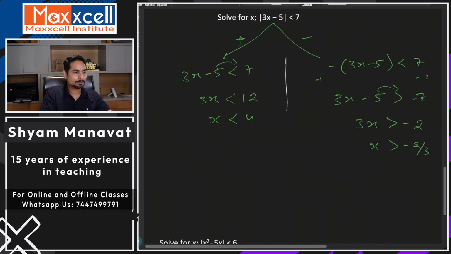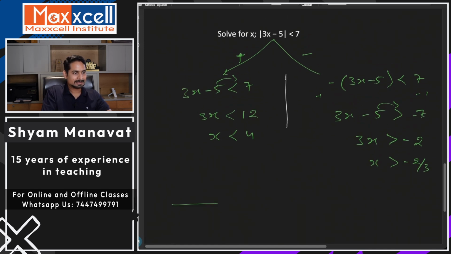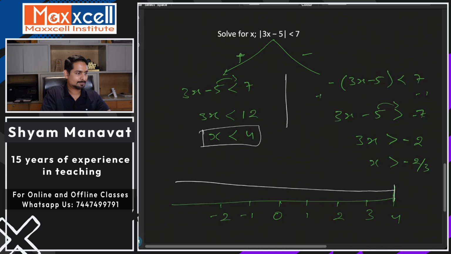So if you look at these values on the number line, you try avoiding the number line all the time. This is just for me to explain to you. If you look at these values on the number line, the first one, x is less than 4, so you will have 4 here, less than 4 is like this, minus infinite, and more than minus 2 by 3, 2 by 3 is 0.6, so here minus 2 by 3, 0.6, somewhere here, it will go towards this side.